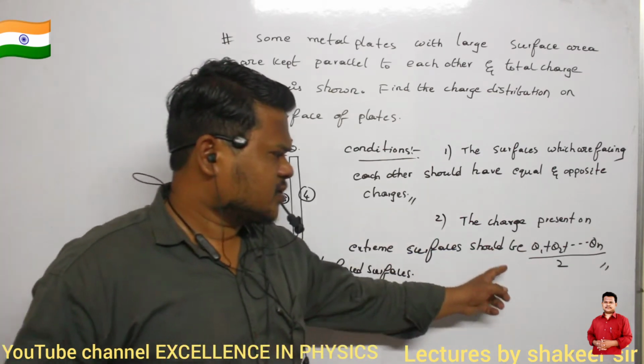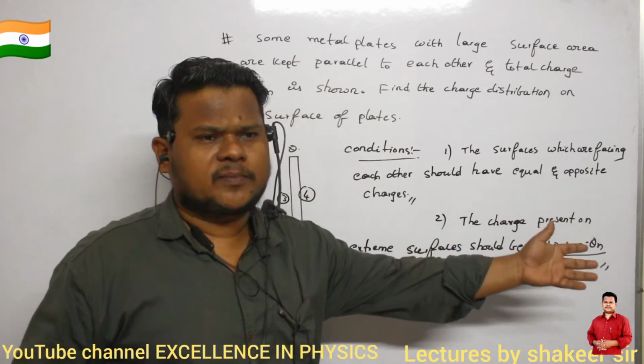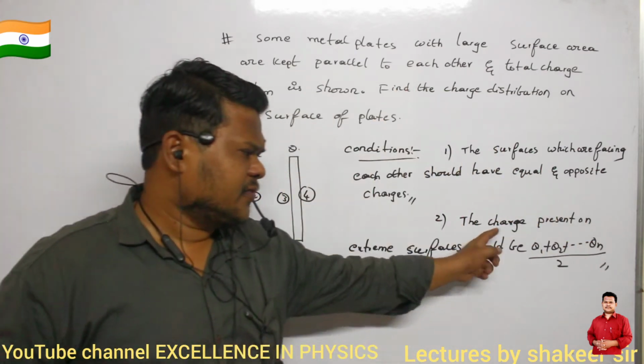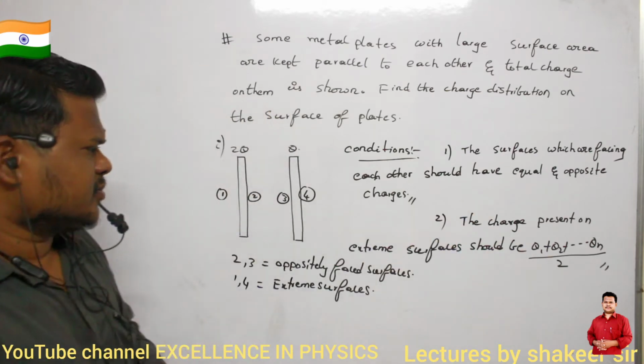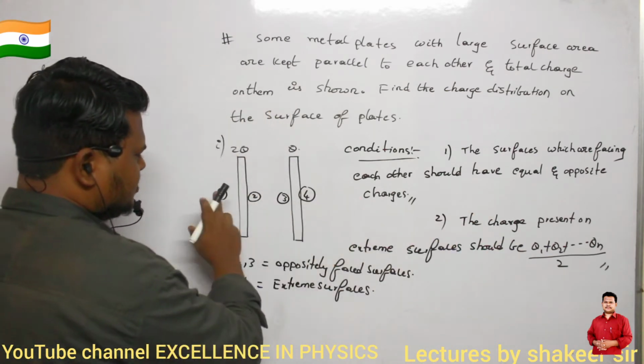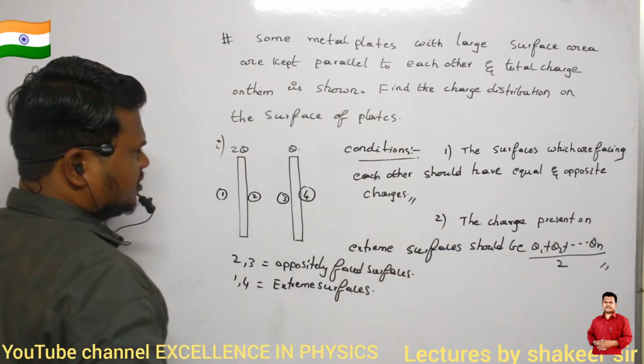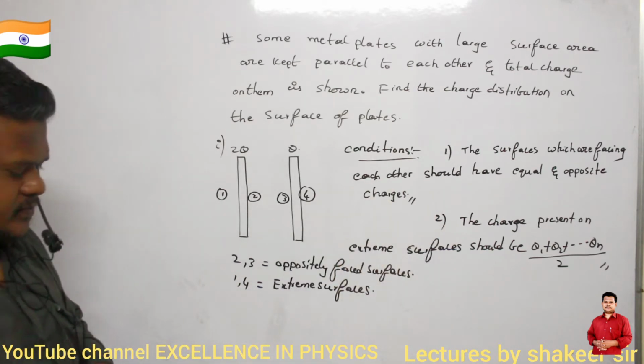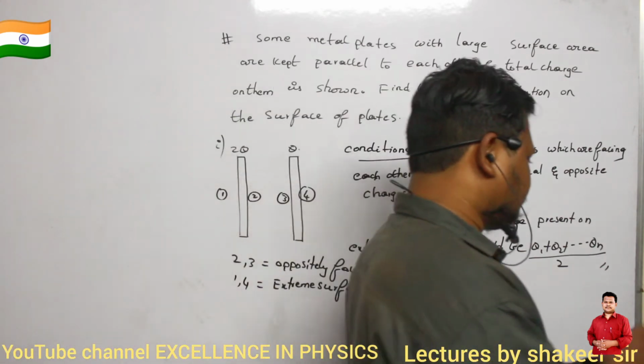What is meant by q1 plus q2 plus q3 up to qn? This is the total amount of charge present on all the plates, divided by 2. That amount of charge should be present on the extreme ends, that is on 1 and 4. Now how can I do this calculation?